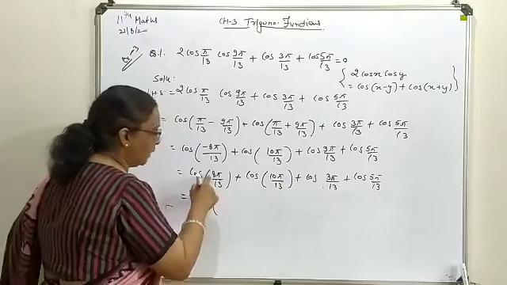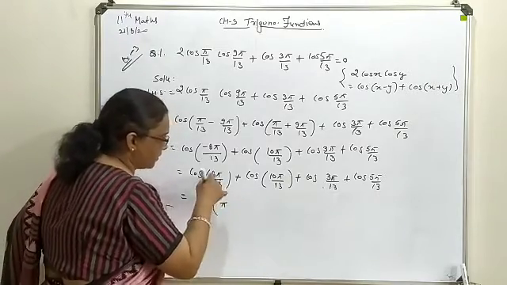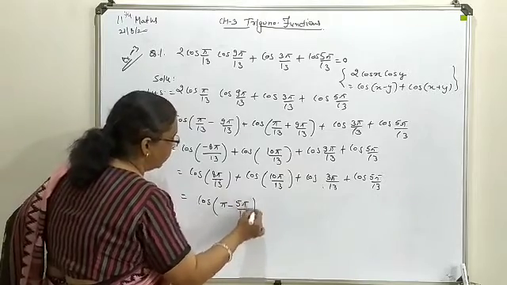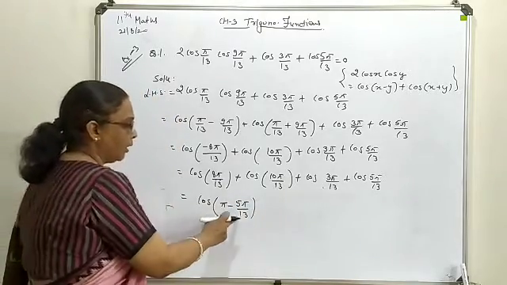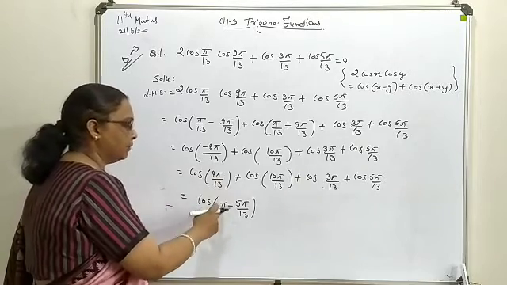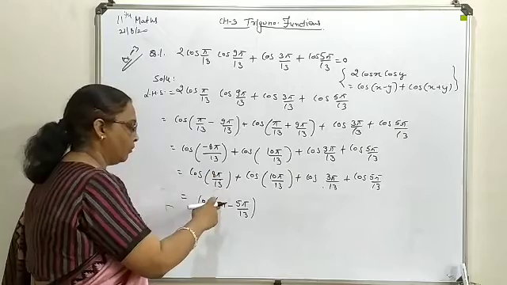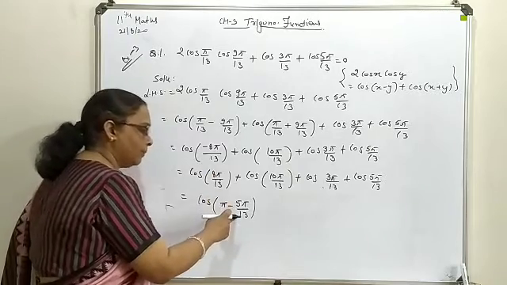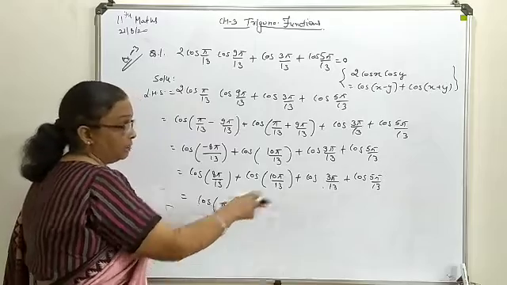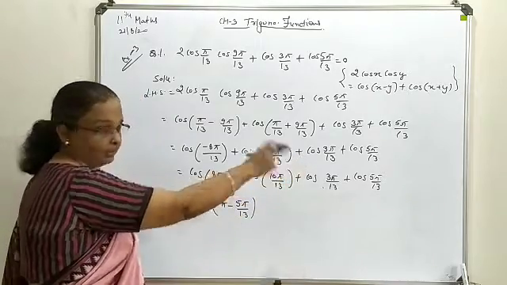This is cos 8 pi by 13 that we required. So if you write this 8 pi by 13 this way, your purpose is clear. If you take 13 as LCM, 13 minus 5, 8 pi you will generate. So this 8 pi you can split as pi minus 5 pi by 13. This 5 pi by 13 only we are going to generate because of the presence of this last term.